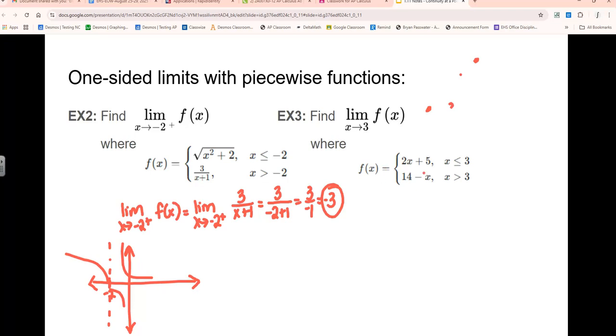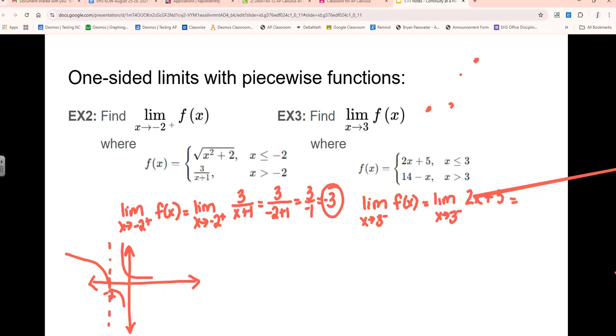So to do it properly, you need to do the limit as x approaches 3 from the left of f of x. And I like to write this step right here where I show very clearly that I'm choosing 2x plus 5.